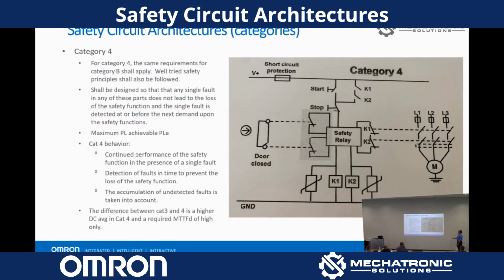Category 4 will protect against that. So it's another level. Again, very, very low probability that happens, but in a high risk situation, that's what category 4 is going to buy you. It will detect the fault immediately.